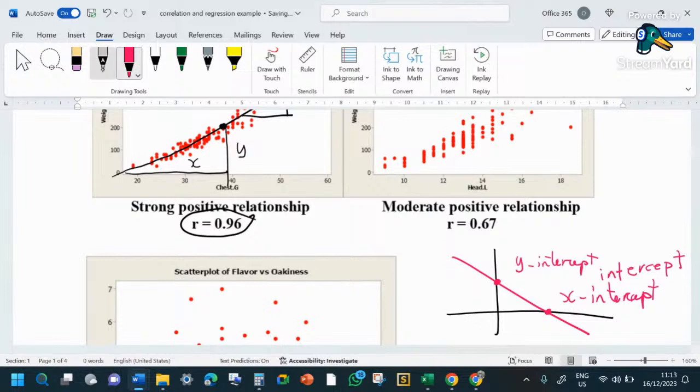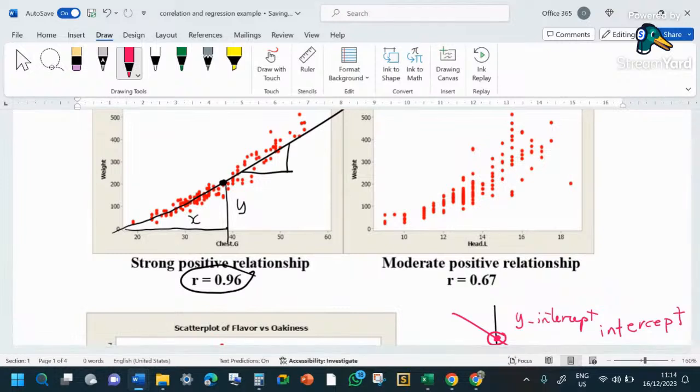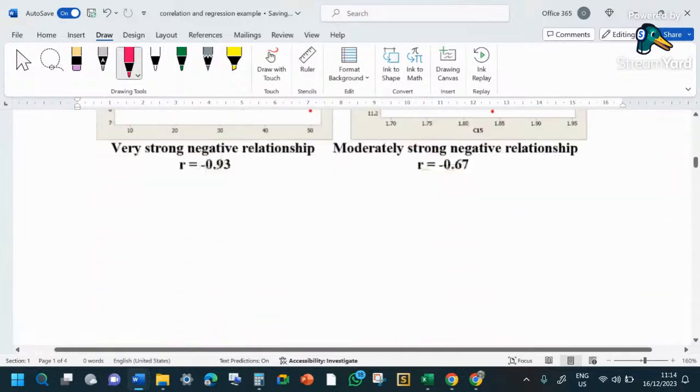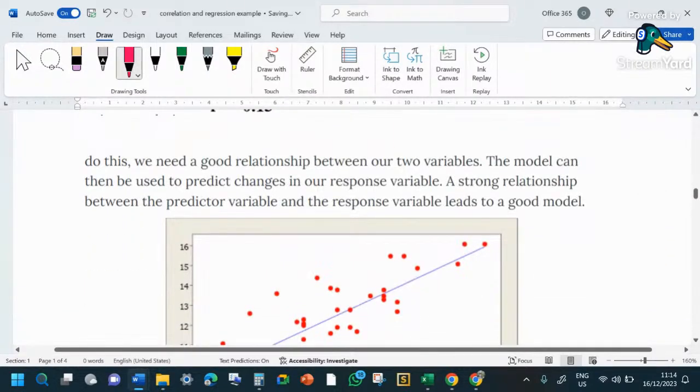There you go. Okay. And those are the values that we need. Y-intercept is the intersection of the line through the y-axis. And R, that will be the correlation coefficient that you can determine from the plotted dots.